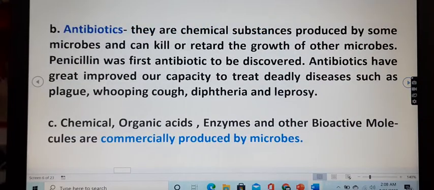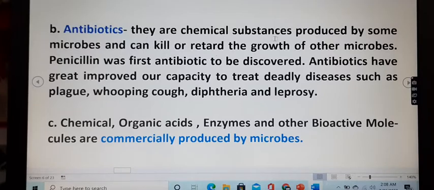Then in the production of antibiotics also we are using microbes. These are chemical substances produced by some microbes. Antibiotics are chemicals secreted by microorganisms which are able to destroy other disease causing germs.